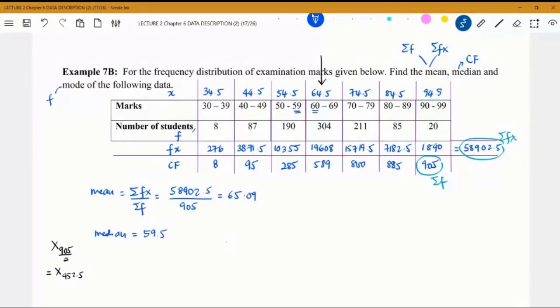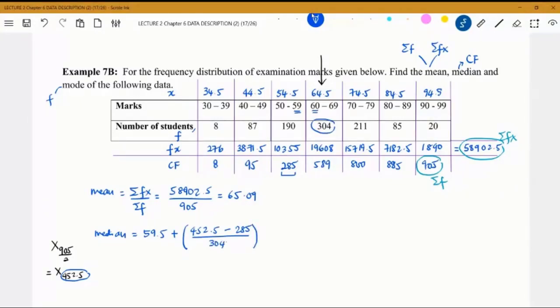And then n over 2 is 452.5. So directly you put into the formula, minus the cumulative frequency of the class before, which is 285, divided by the frequency of the class, which is 304, and then the class width.